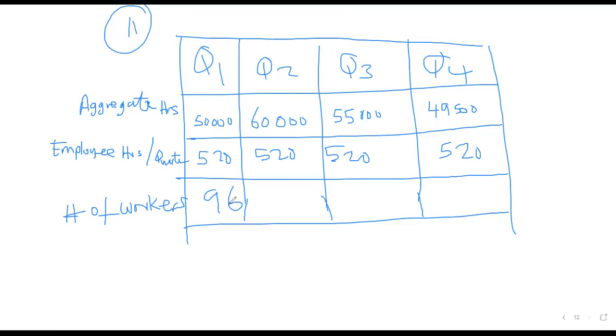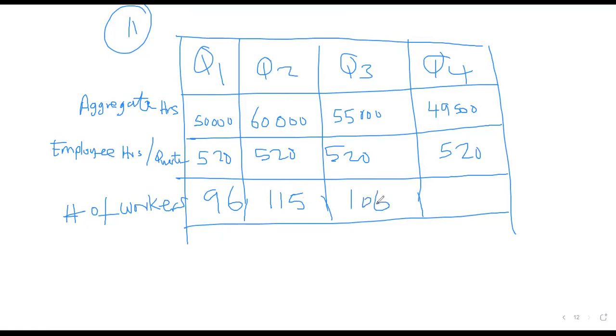Quarter two, 60,000 divided by 520 is 115. That one is 55,000 divided by 520, which is 106.